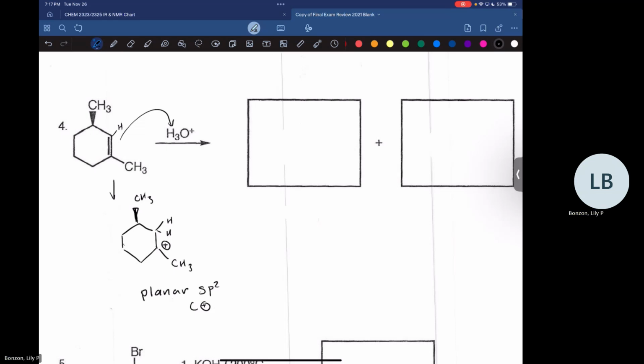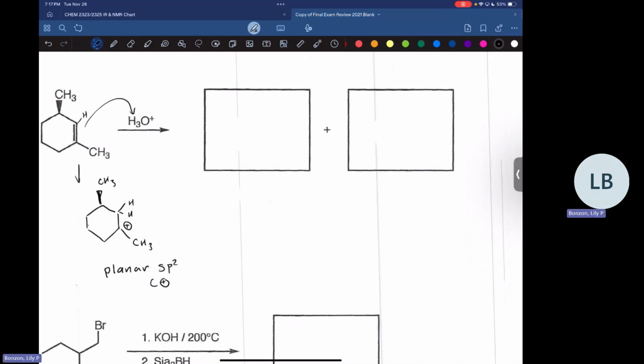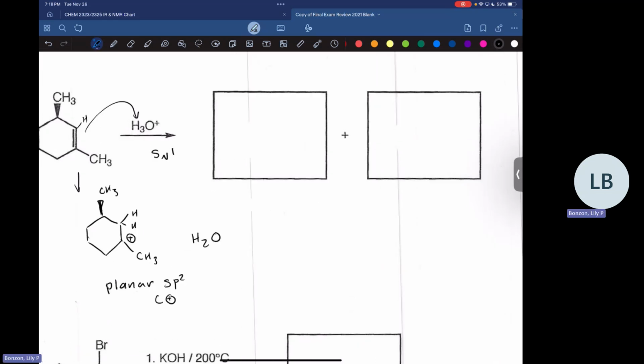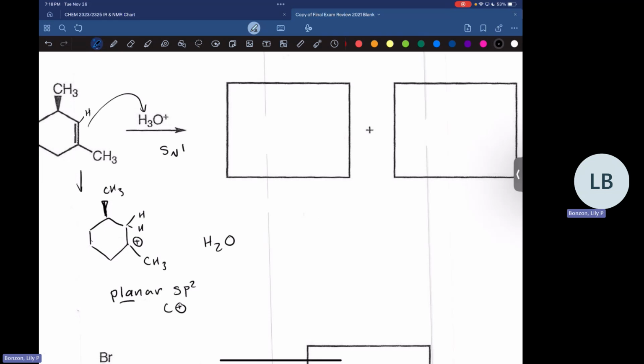The next step of the H3O plus reaction is we will react the H2O with that carbocation. And this one specifically is just going to be the SN1 product. You'll notice that we have two boxes here. Because we have this planar carbon, we're going to draw both stereochemistry products for this reaction. SN1, remember, gives a 50-50 mixture.